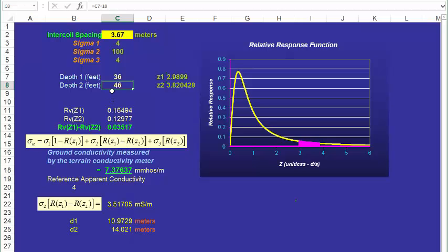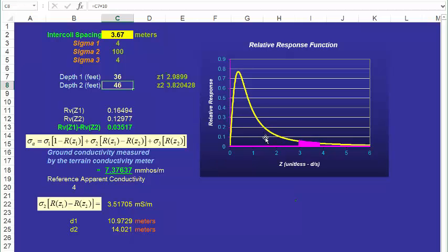But remember, the conductivity of the contaminated zone is 100 millisiemens per meter. So when we go through the computations and calculate the apparent conductivity, we get about 7.4. We're almost double the background conductivity.